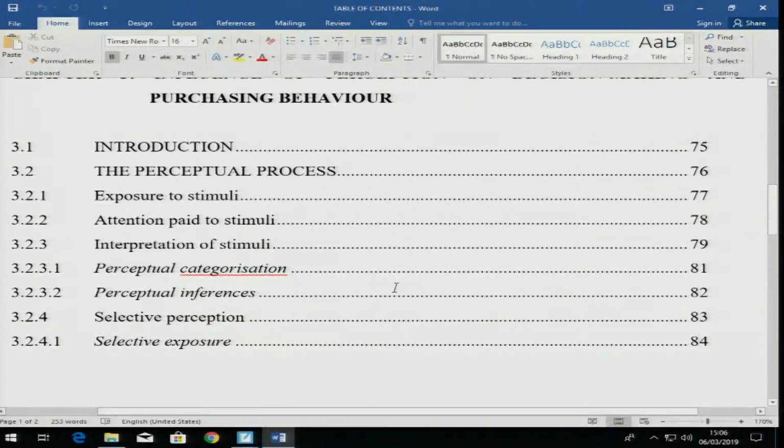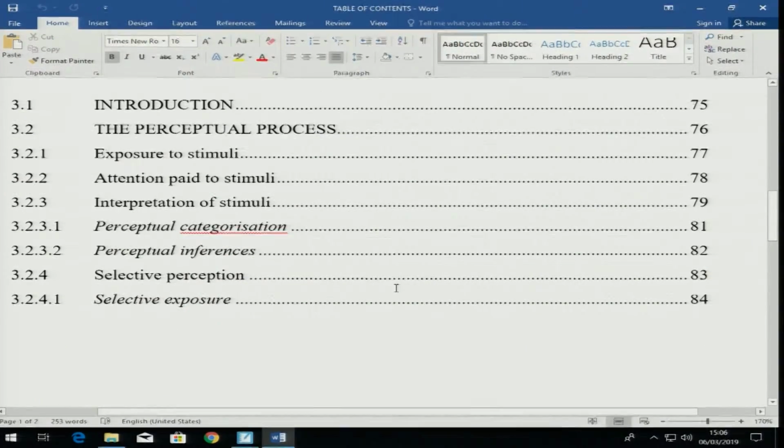If you start reading this page, table of contents, it tells you that this part is about the perceptual process. It's to do with perception. It tells you that people are exposed to stimuli, they pay attention to it, they interpret it. In the interpretation, we get two types of interpretation: perceptual categorization and perceptual inference.